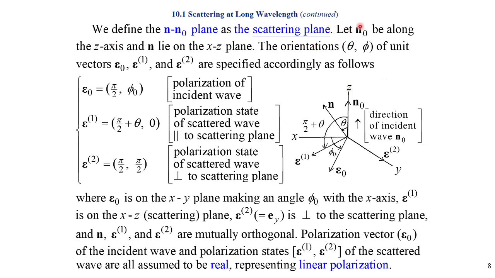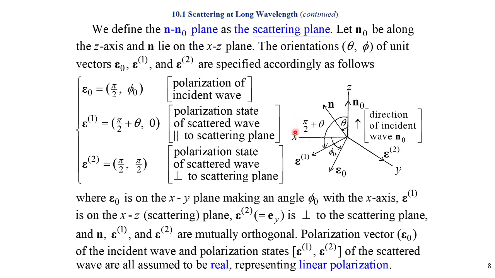Let n0 be along the z-axis, and n is the observer. The observer lies on the xz plane. That's the definition. We prefer n0 in the z direction and the observer in the xz plane, so the angle between the observer and the incident wave will be theta. That will simplify the notation and the calculation.